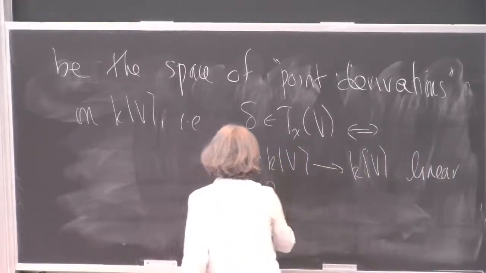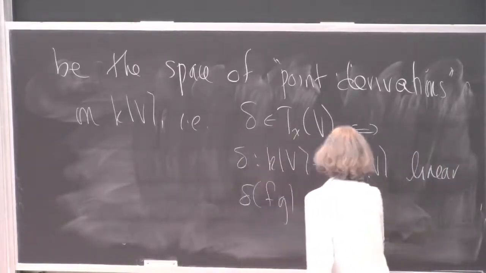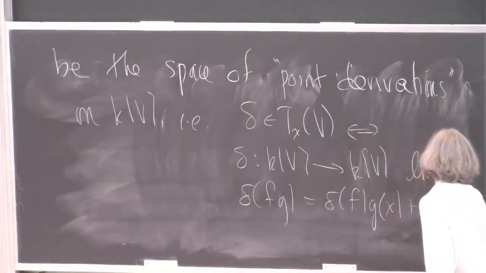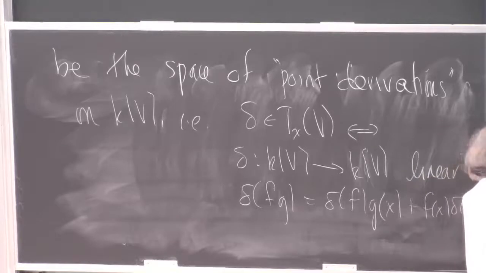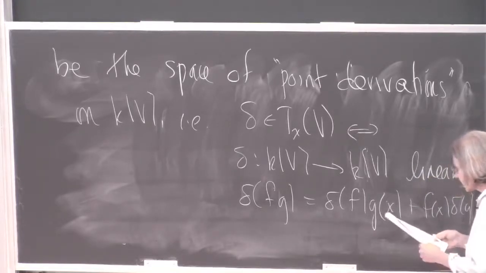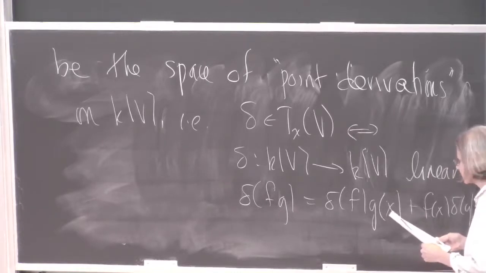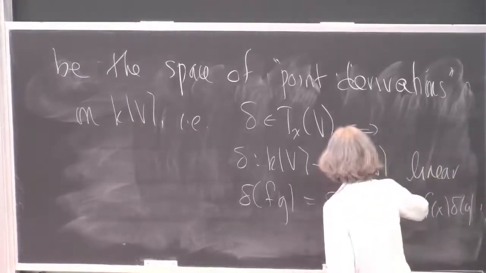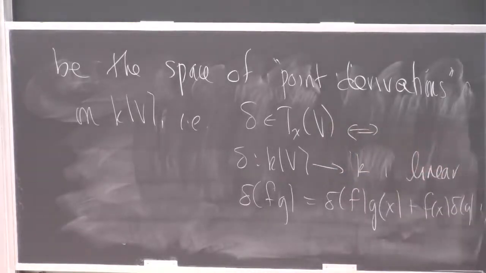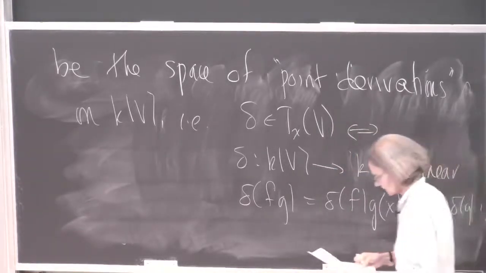So delta of fg is equal to delta of f times g evaluated at x plus f of x times delta of g. Okay, so in that sense, a point derivation. All right. No, I said that wrong. It's not going from, it's going K of V to K. Yeah, sorry. Okay. This makes sense otherwise.